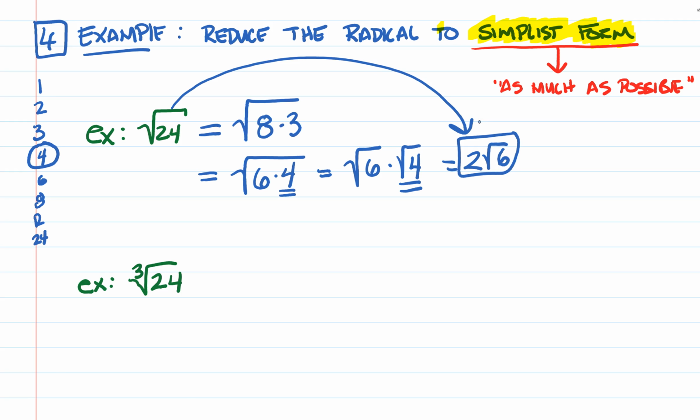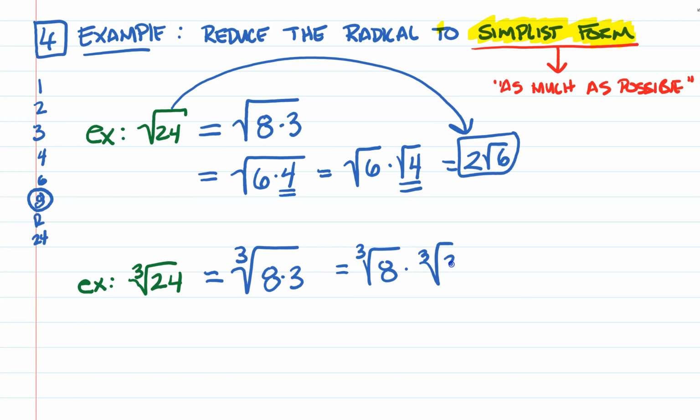Let's do the same thing with the cube root of 24. Now, instead of the largest perfect square, I'm looking for the largest perfect cube. And I know that 8 is a cube, so I'm going to go with that first one that we did, which is the cube root of 8 times the cube root of 3. Now, this is a perfect cube.